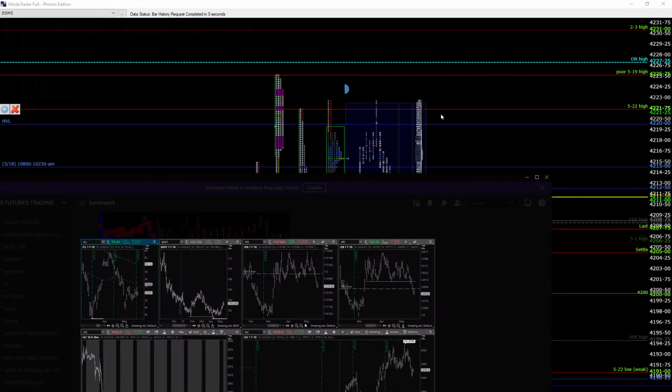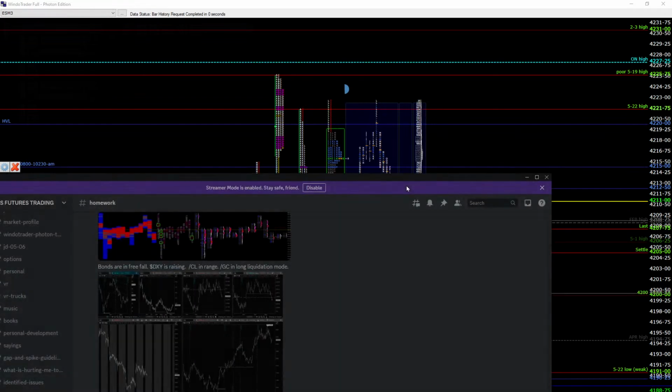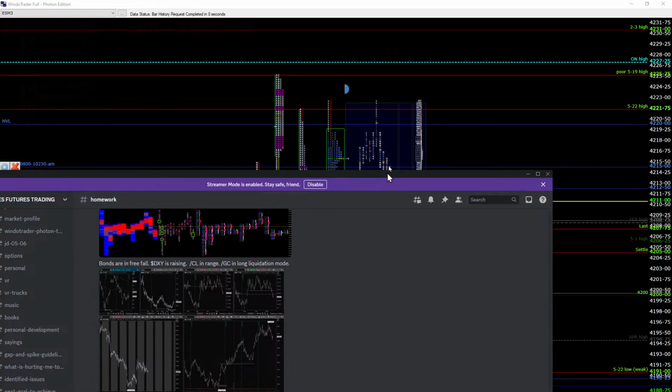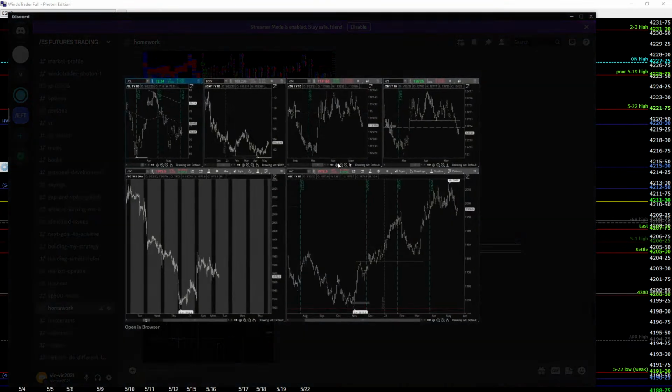Notice also, remember, Nasdaq has a very different chart than ES, and the Dow. Gold, and there's some liquidation here.